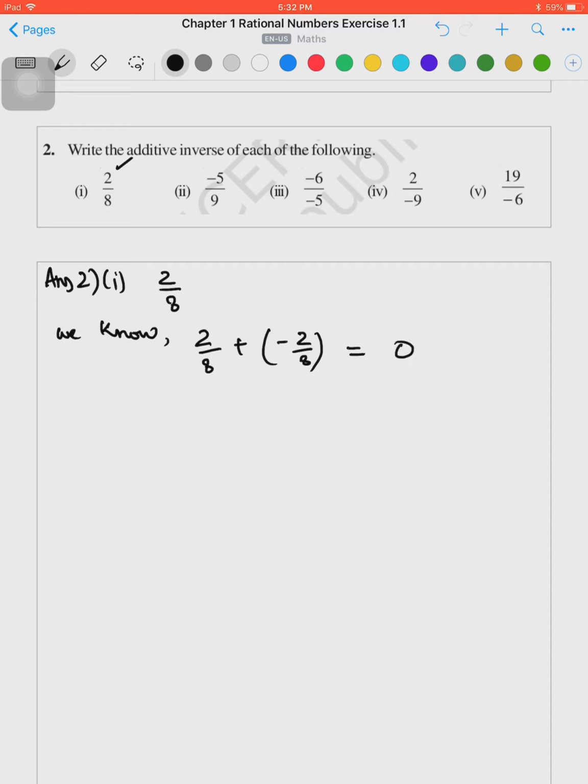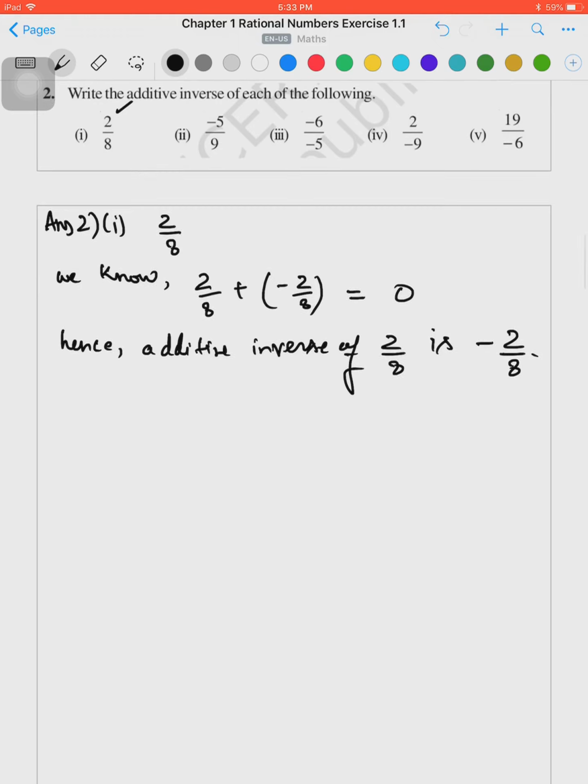So the additive inverse of 2 by 8 is minus 2 by 8. So you write, hence, additive inverse of 2 by 8 is minus 2 by 8. That's how you have to write its answer.